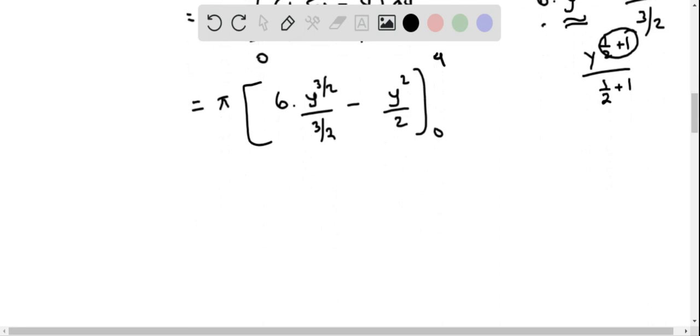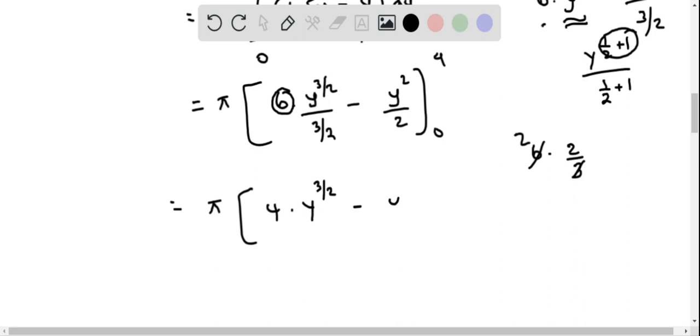Now let's simplify this. So this gives pi times, we have 6 in the numerator divided by 3 by 2, so it's basically multiplying by 2 by 3. So this goes 2 times, 2 times 2 is 4. So this one is 4 times y power 3 by 2 minus y squared by 2.